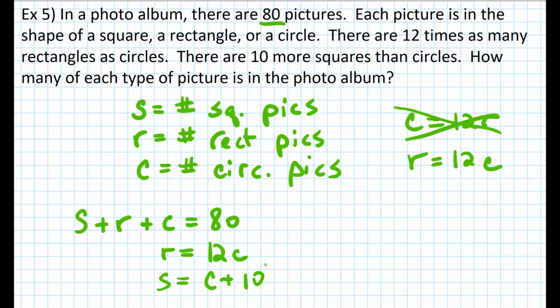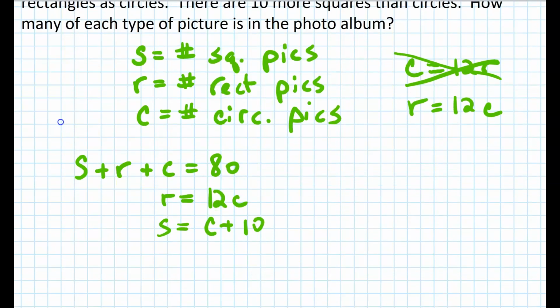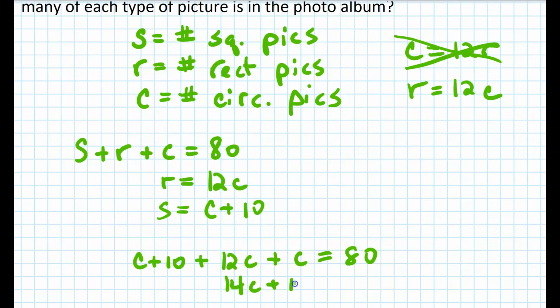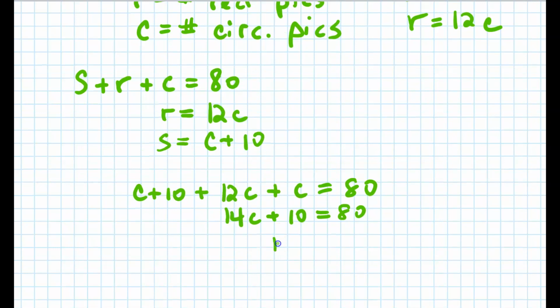Is this a pretty easy system to solve? Yes, we can substitute everything in. S is C plus 10. R is 12C. C is just C. All of that should add up to 80. So I have 12 plus 1 is 13, 14C plus 10 equals 80, which means 14C is equal to 70, so C is 5.